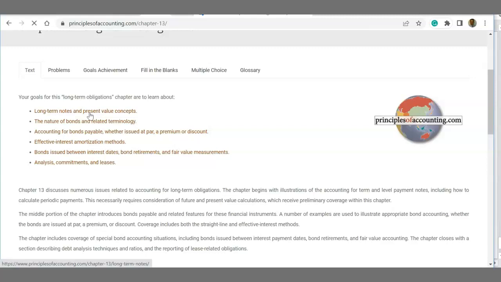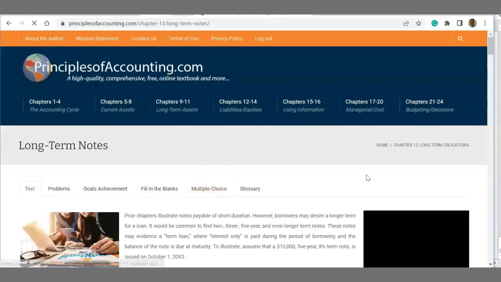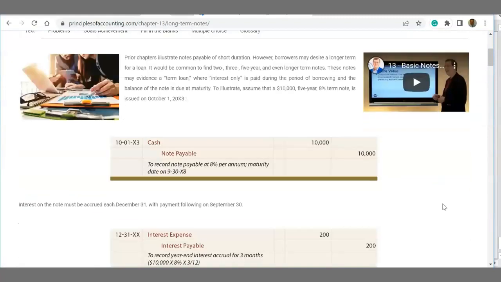Long-term notes and the present value concept. This is a long-term note: you borrow $10,000 and you record $10,000 note payable.